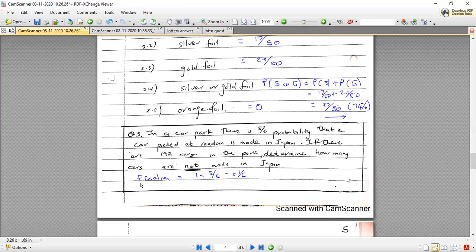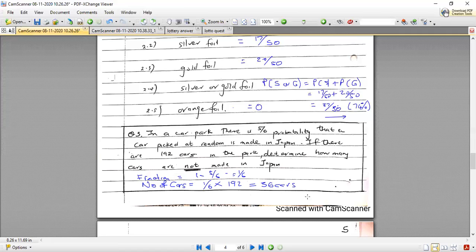Very simple. If we want to determine the number of cars not made in Japan, so the number, that's what they ask us, the number of cars now would be 1/6 of the 192, which if we use our calculators is 36 cars.